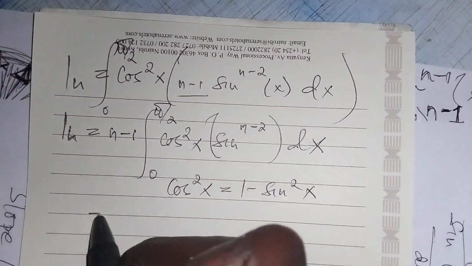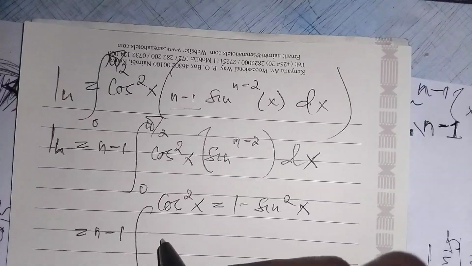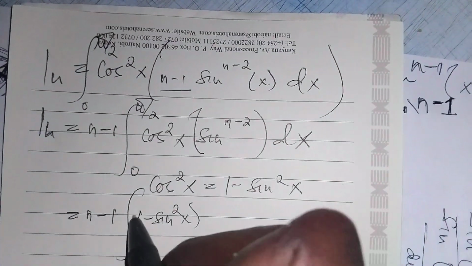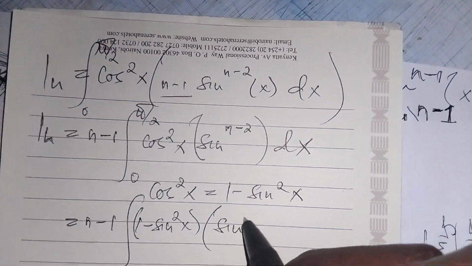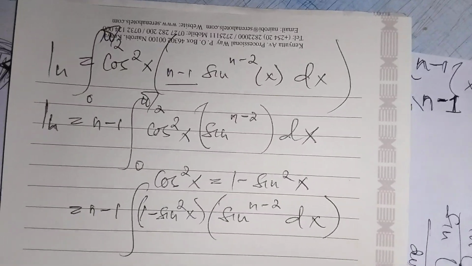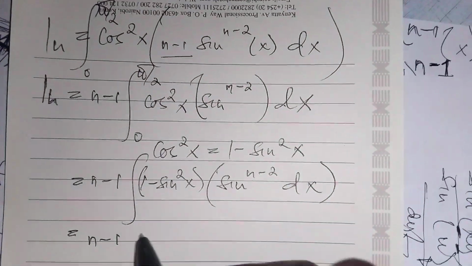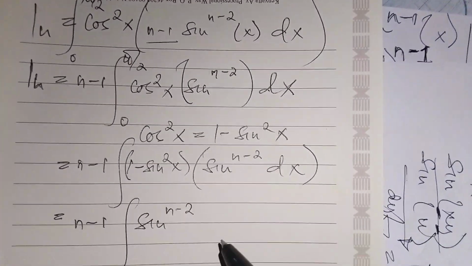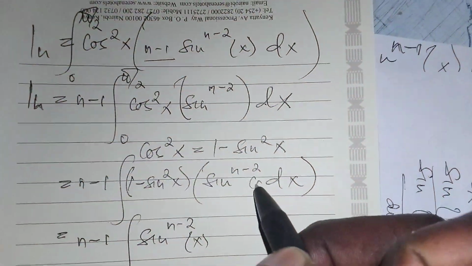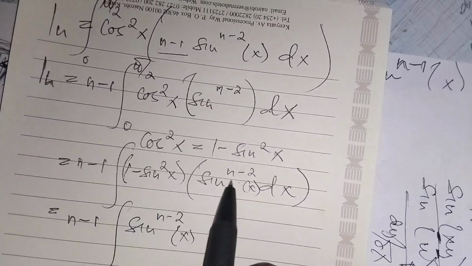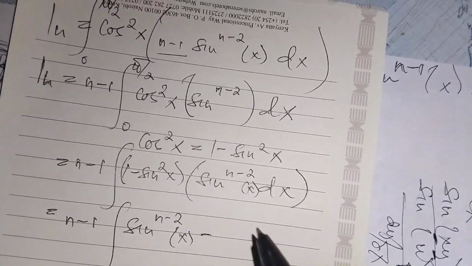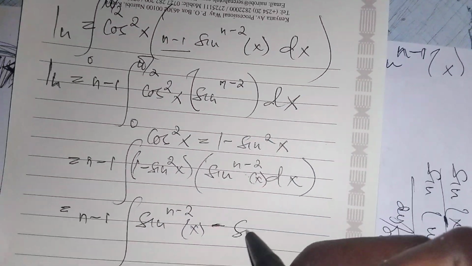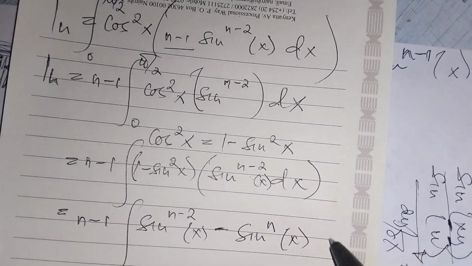So you substitute, and you'll have n minus 1 times the integral of 1 minus sine squared x times sine n minus 2 x dx. If you expand, here you have sine n minus 2 x, and when you multiply sine squared x by sine n minus 2 x, you add the powers and just remain with n, then x dx.